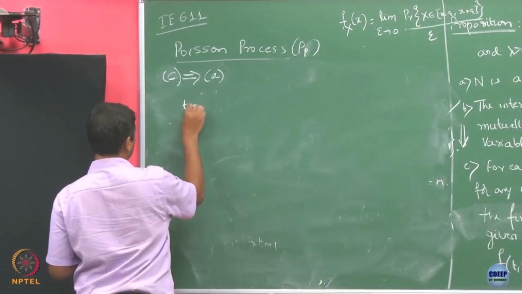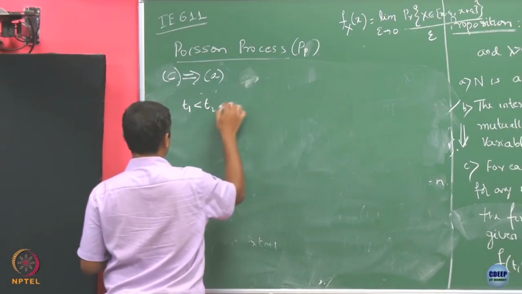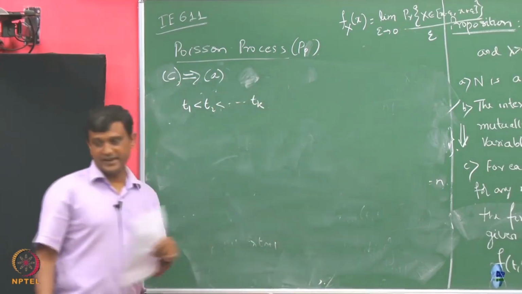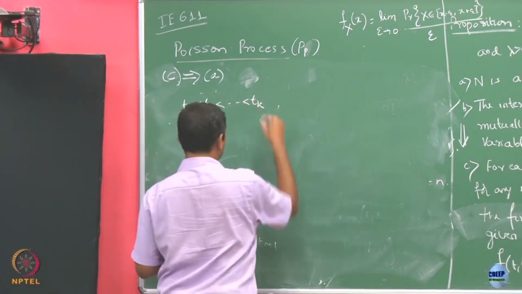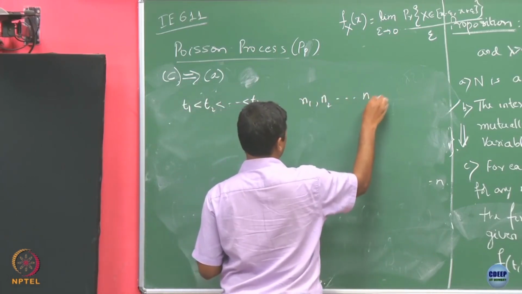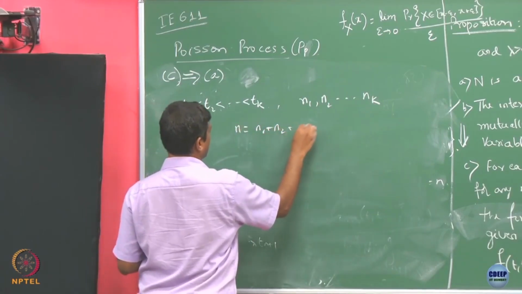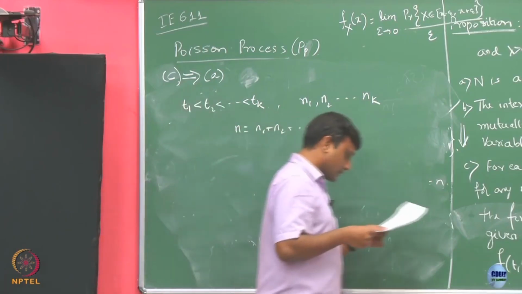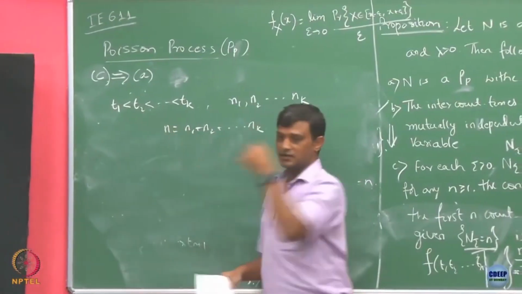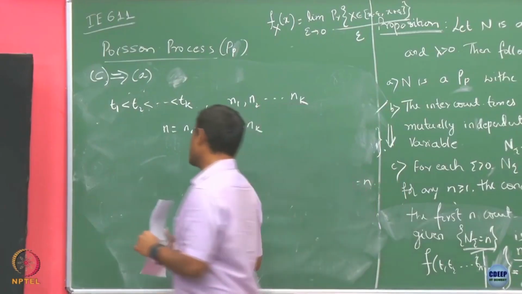Suppose I am given this, let us say T1, T2 up to Tk. I am given these k variables and also these numbers n1, n2 all the way up to nk, and let us say I define n to be n1 plus n2 plus all the way up to nk. Think of this as I have been given the time counts T1, T2 all the way up to Tk.